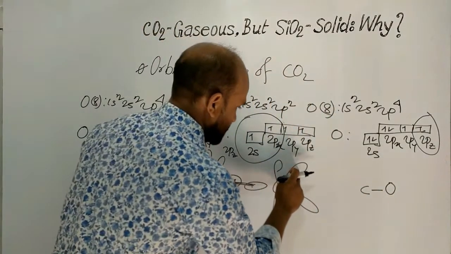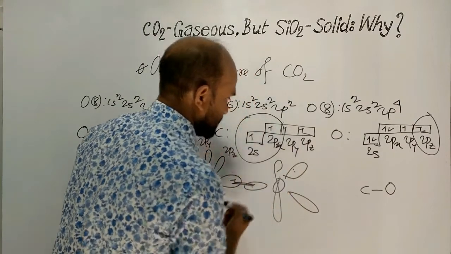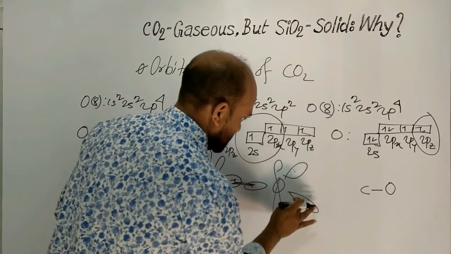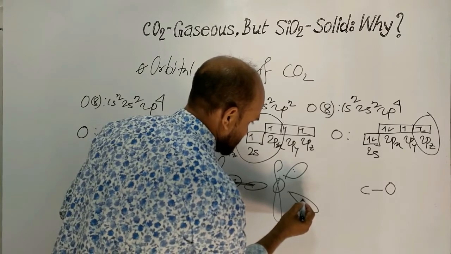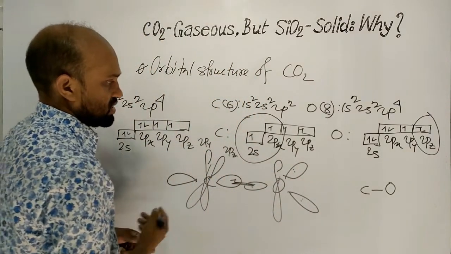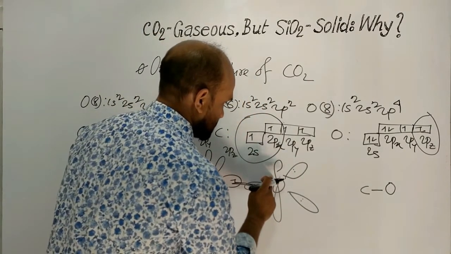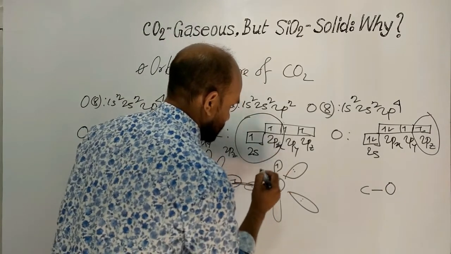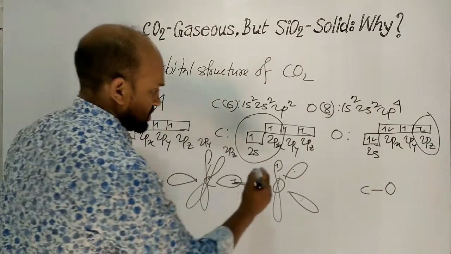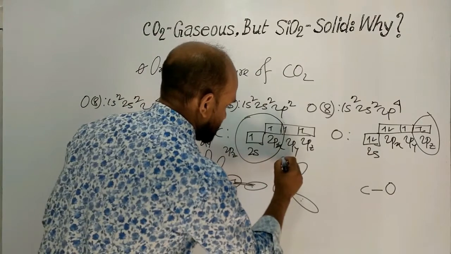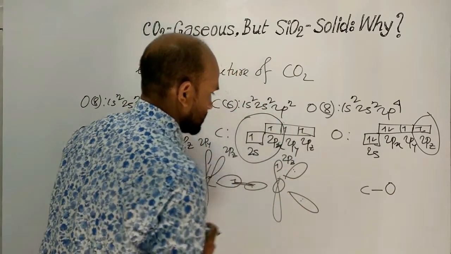This sp2 orbital contains 1 pair of electrons. This sp2 orbital contains 1 pair of electrons, and this unhybridized orbital contains 1 electron. This orbital is the 2pz orbital.